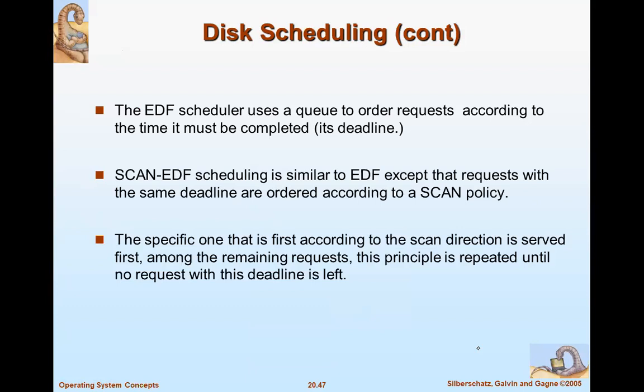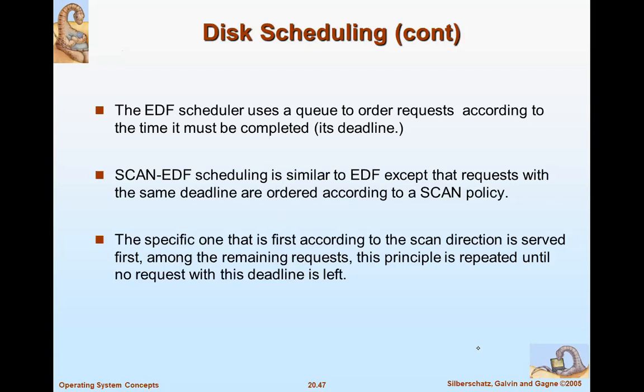This scan EDF is mostly similar to the EDF, except that requests with the same deadline are ordered according to a scan policy. And a scan policy is a predefined policy for every system in which they decide the issue between processes with the same priority.